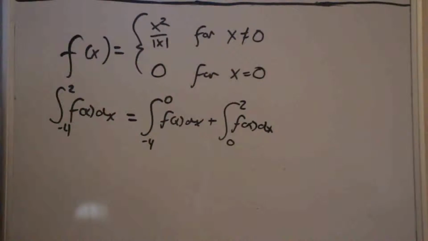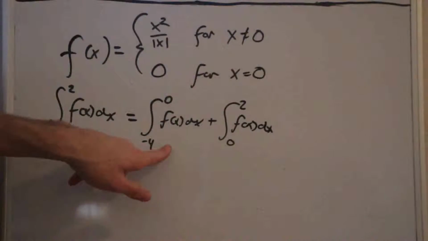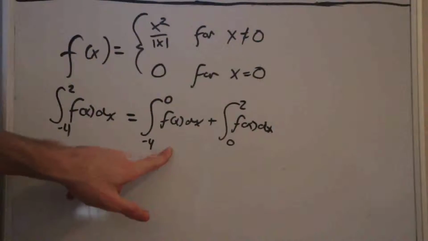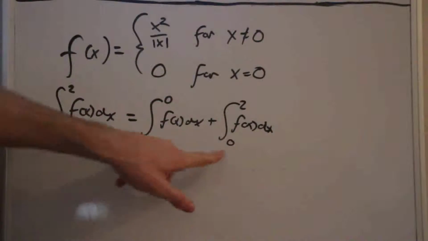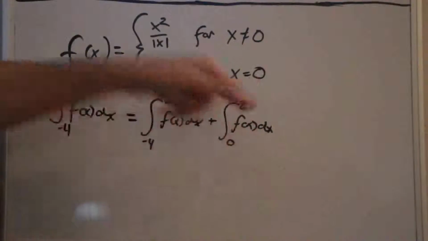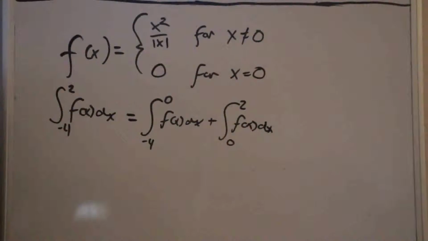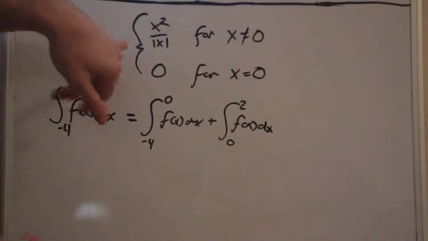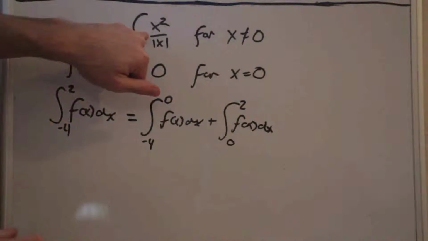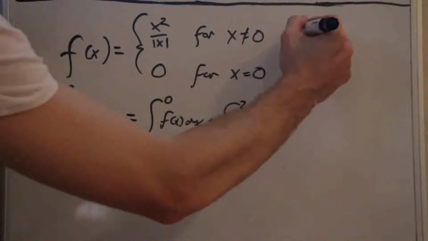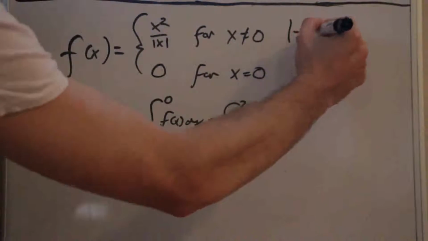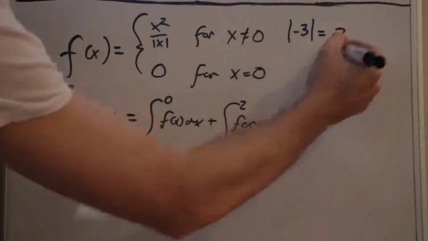Now, this first integral is going to be when x is negative, from -4 to 0, and this is going to be when x is positive, from 0 to 2. My question is, what is the behavior of this function when x is negative? Well, in order to understand this, we have to understand the behavior of an absolute value function. If I were to take the absolute value of -3, that equals +3.